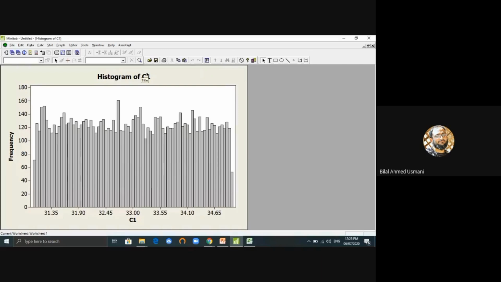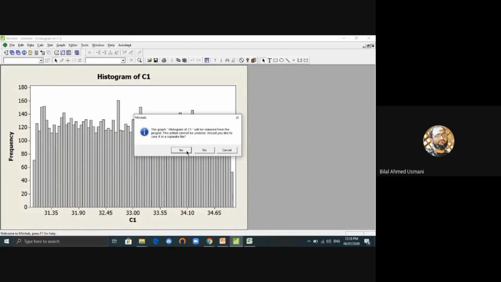It might have slight differences from the parent distribution, so this issue can be addressed by increasing the sample size. If you remember, I told you about the sampling distribution of the sample mean, and I said that if I increase the sample size, or if I repeat the experiment multiple times, you will get a true picture of the underlying distribution, which is actually at the back.